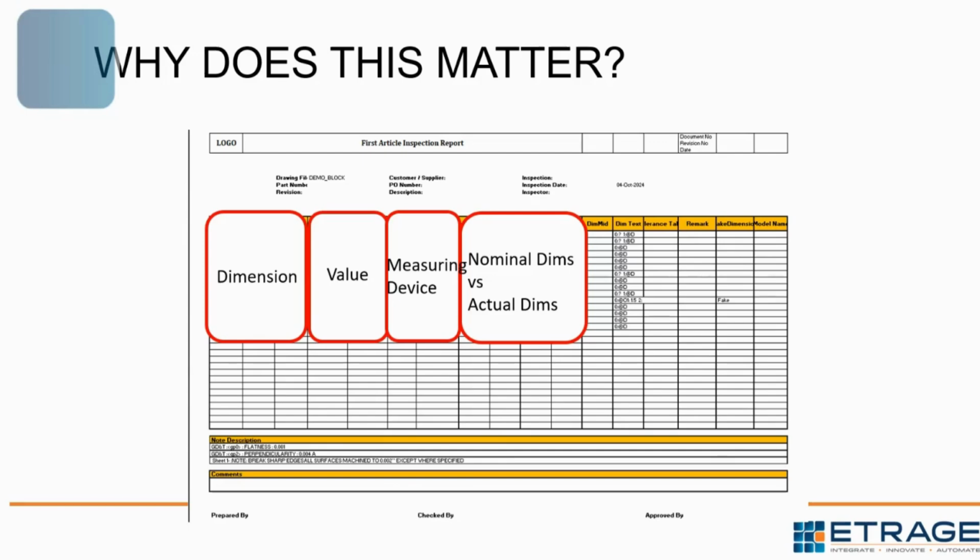So that way the nominals that are extracted from the CAD by Creo FAIR and the actuals that are reported from the inspection software can all be reflected on the same document. Again, reducing human error, for example, from handwriting each of the measurements one by one.